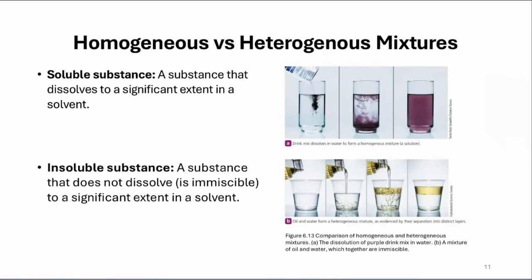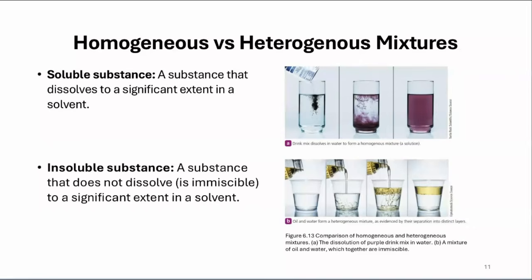Soluble is a term that is utilized when a substance dissolves to a significant extent in a solvent. We can see on letter A where we have a drink mix that is placed in water, and we see a homogeneous mixture because the drink mix looks uniform once it's placed in the water.